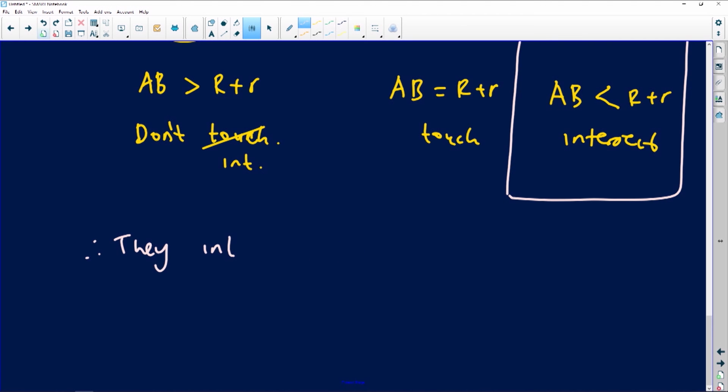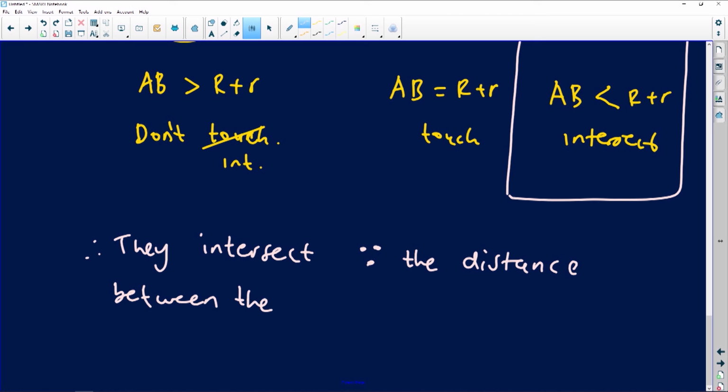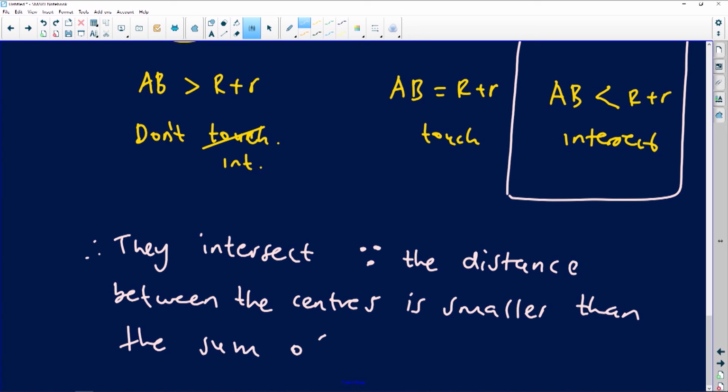They intersect because the distance between the centers is smaller than the sum of the radii. People say radii, it's radii, right? This is the solution to this problem.